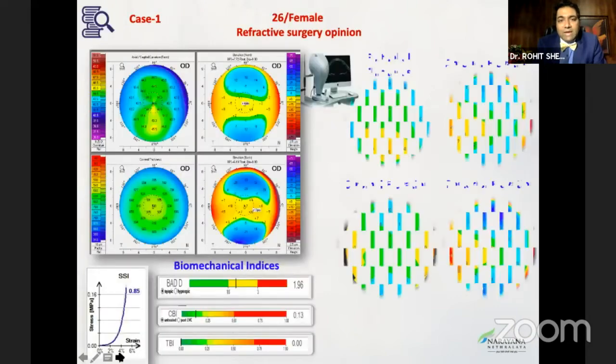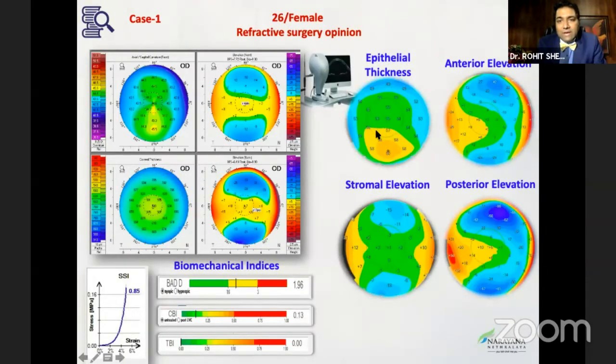If I add an epithelial map, you realize that there's a complete inferior hypertrophy of the epithelium, which corresponds to this 60 microns and 49 microns out here. That means around 10 to 12 microns corresponds to a diopter and a half. That means the biomechanics is actually telling the truth, because it's telling you it's a completely healthy eye.